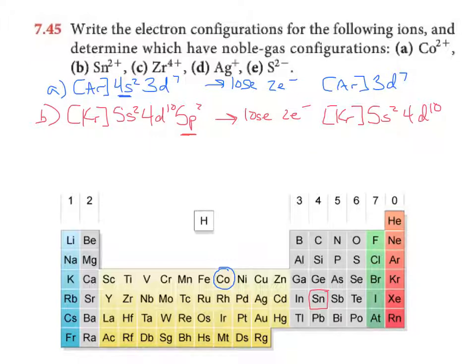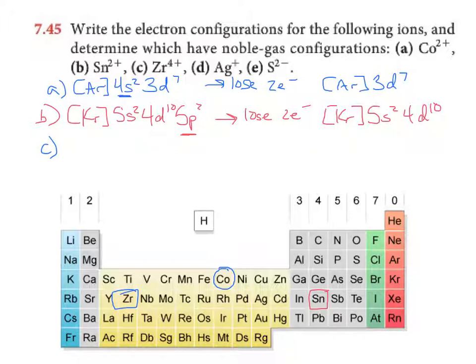All right, let's try the Zr4+. All right, so find it. So let's see if we can maybe figure this one out without writing the whole neutral one out. All right, so we know that it goes to krypton, it's got 2 s electrons here, it's got 2 d electrons here. How does it get to be a 4 positive charge? It has to lose how many electrons? 4.